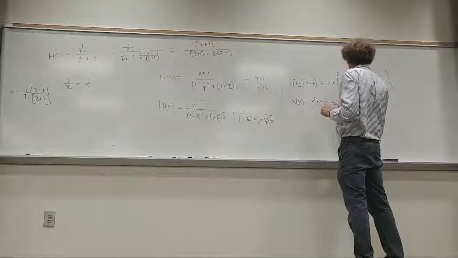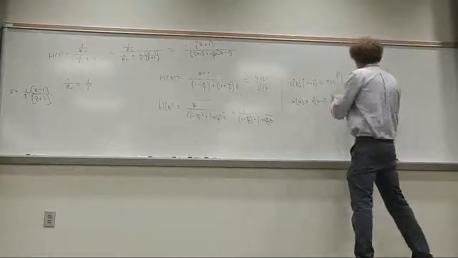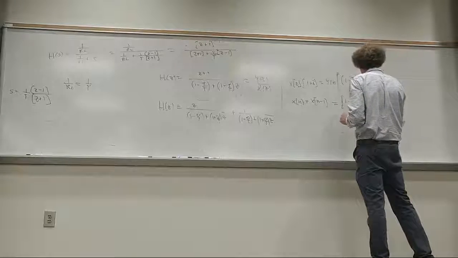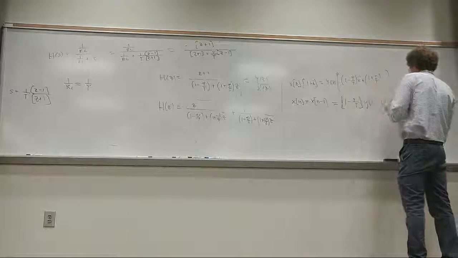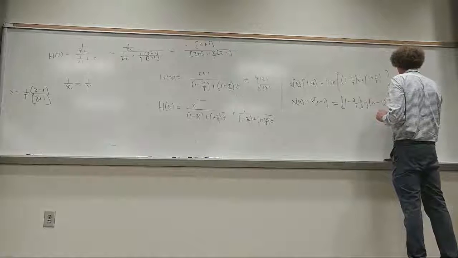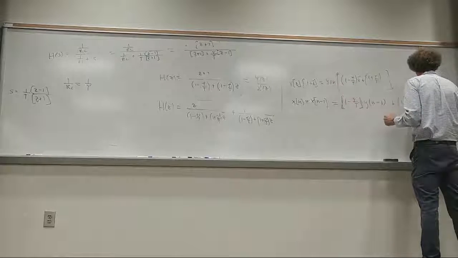The coefficient is 1 minus tau over capital T. You have to put that coefficient first, right? And then it's y of n minus 1. Then you put this coefficient, 1 plus tau over T, times y of n.